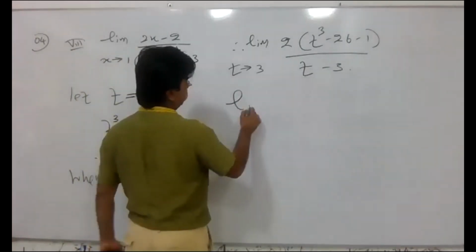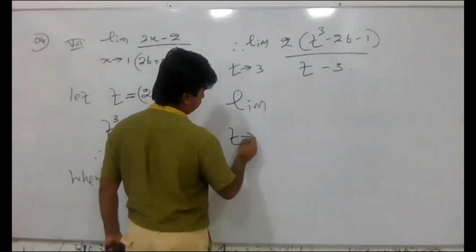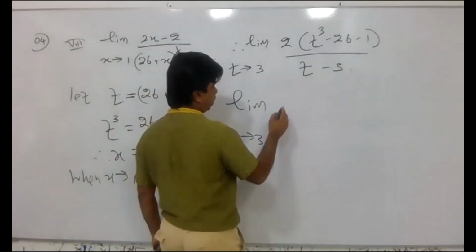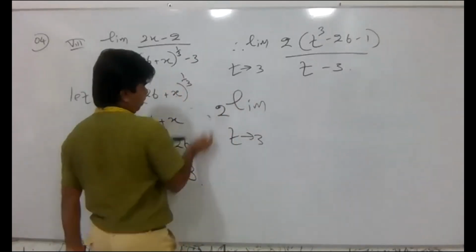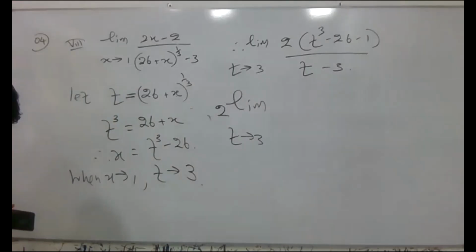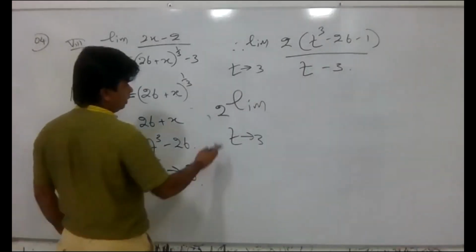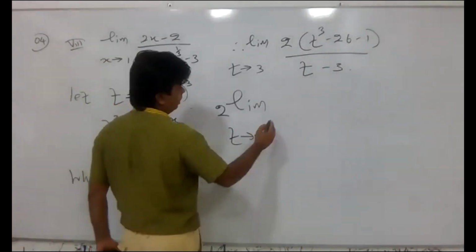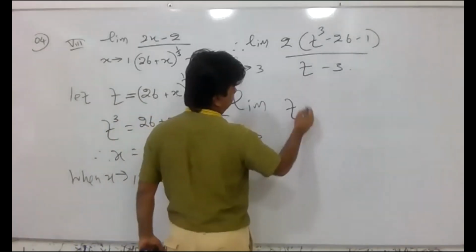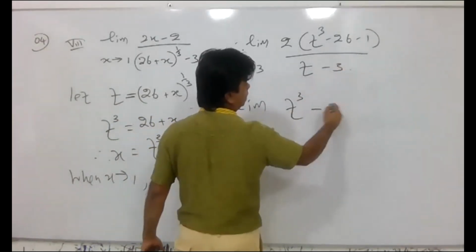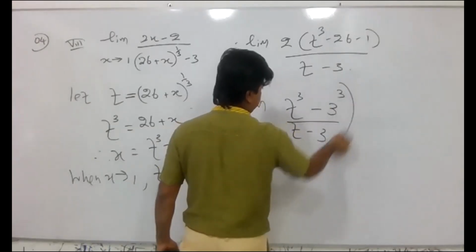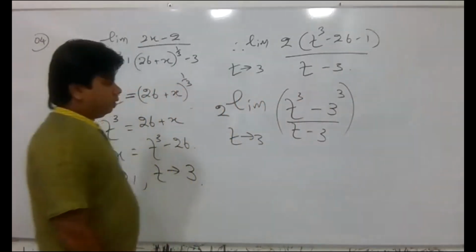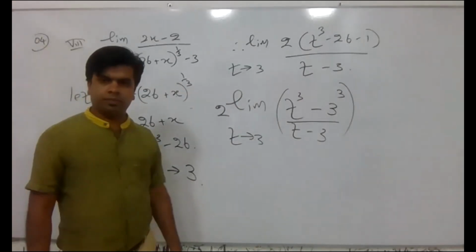Then you can see that the limit as t goes to 3, and if you want, you can write 2 out. Then 2 times the limit of (t cubed minus 27), that means 3 cubed, divided by (t minus 3). Okay. What is this? Can you remember?